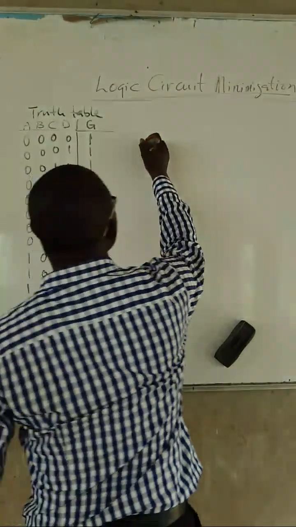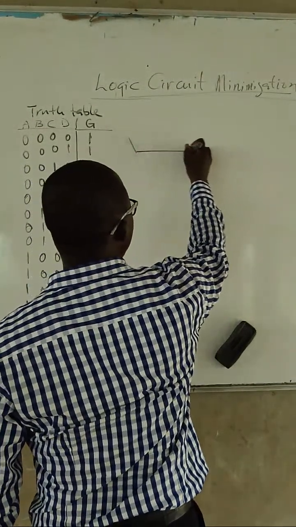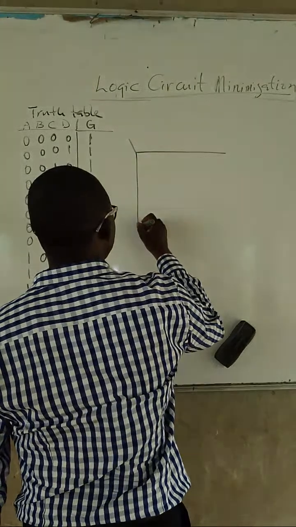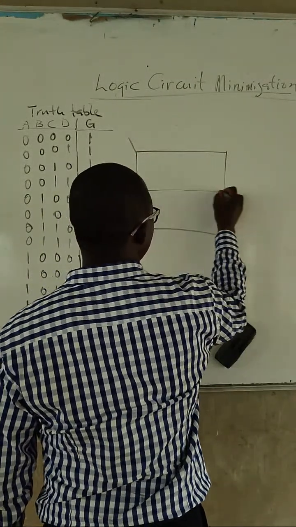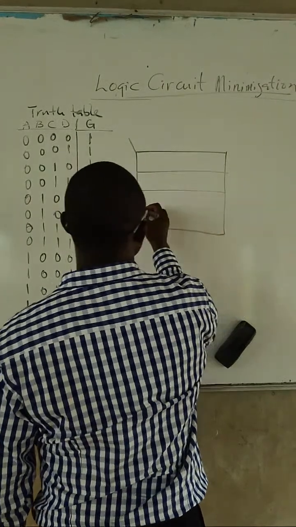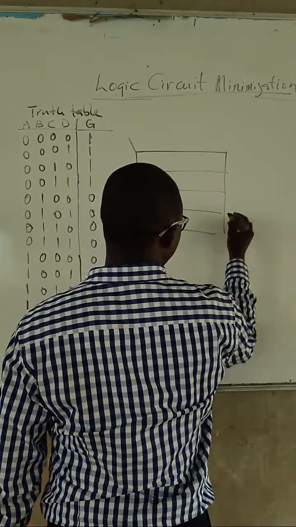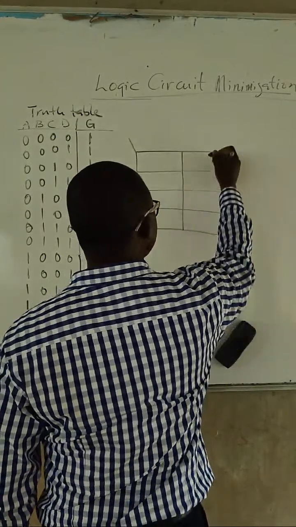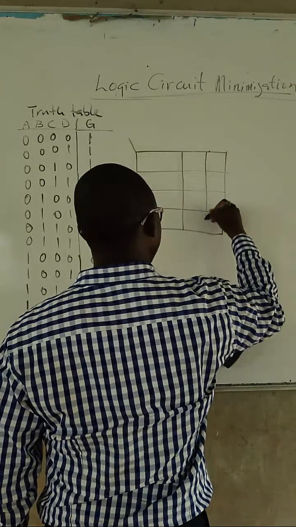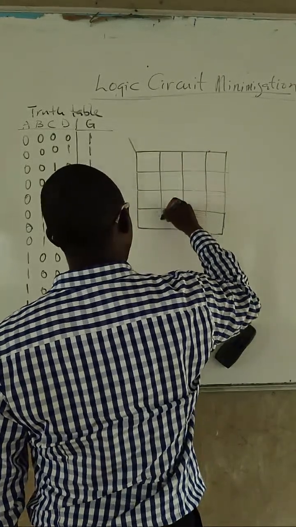So our Karnaugh map is going to be 4 rows, 4 columns, 4 by 4.